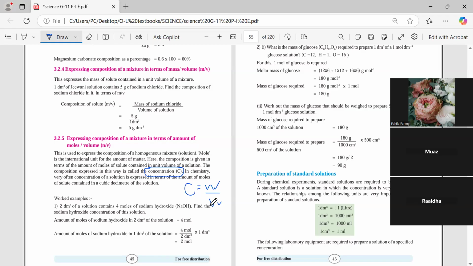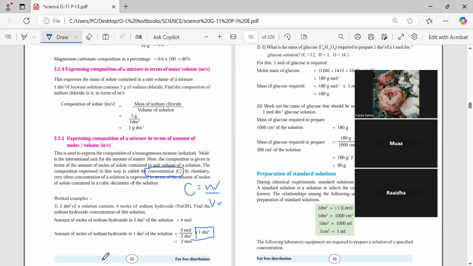Now over here, why have they written 4 divided by 2 into 1? That is to say, this is the number of moles of sodium hydroxide in 1 cubic decimeter.